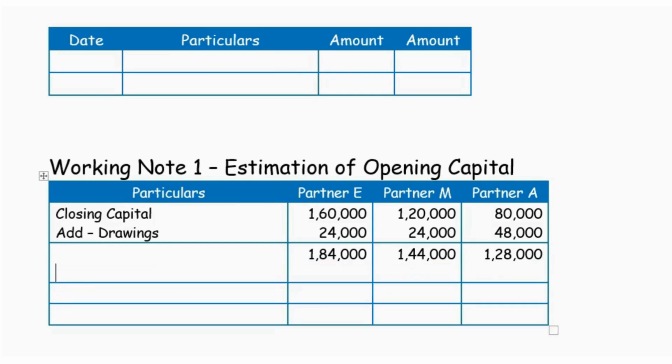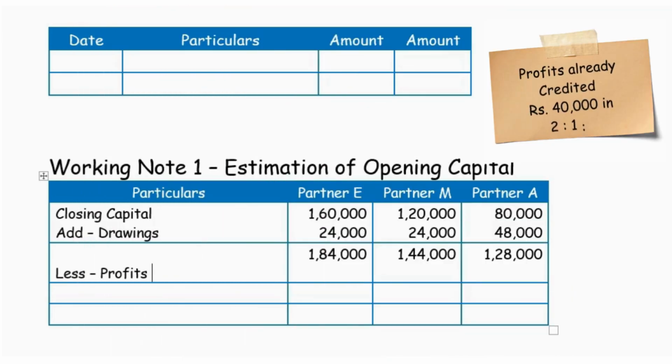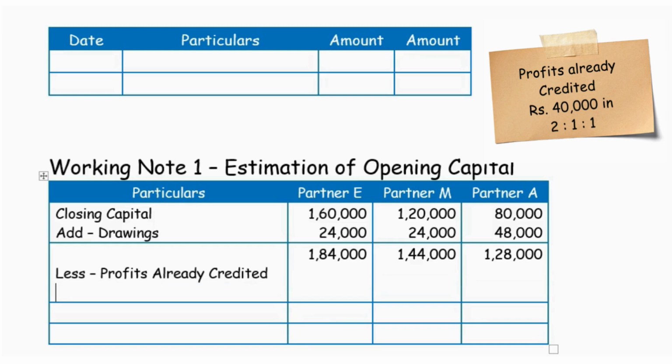With these, we have to deduct the profits that have already been credited. This profit is credited without considering the interest on capital and interest on drawings. The profit amount of rupees 40,000 is credited in the ratio of 2:1:1, as given in the question.